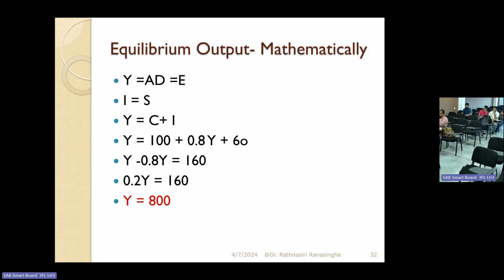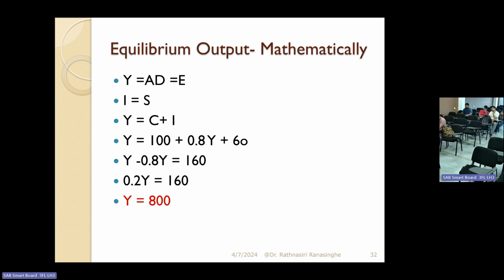So we have three forms of equilibrium: the equation Y equals C plus I for the simple model, the table, and graphically as well. Now sometimes we may be given some variables, an equation, where consumption is this much and investment is this much, and you are asked to determine the equilibrium income.